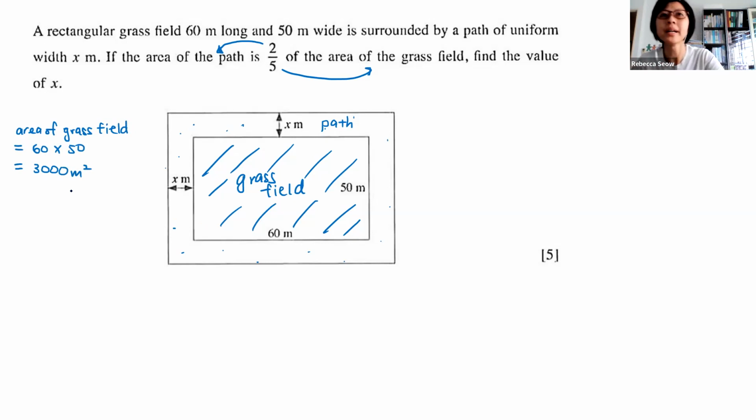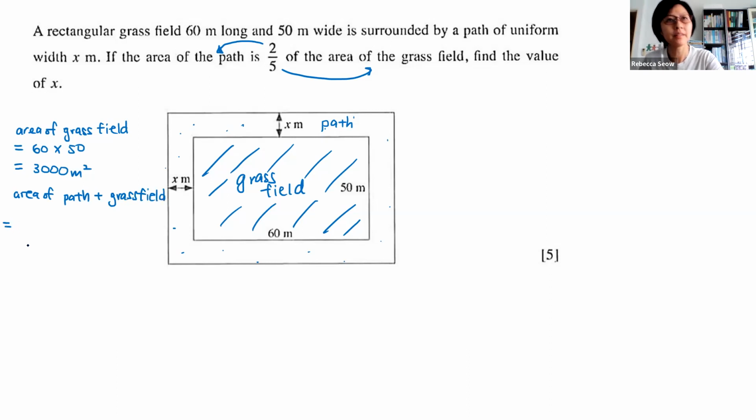Well, perhaps what we could gather is the area of the big rectangle, which includes area of path plus area of grass field. I'm going to combine it this way.